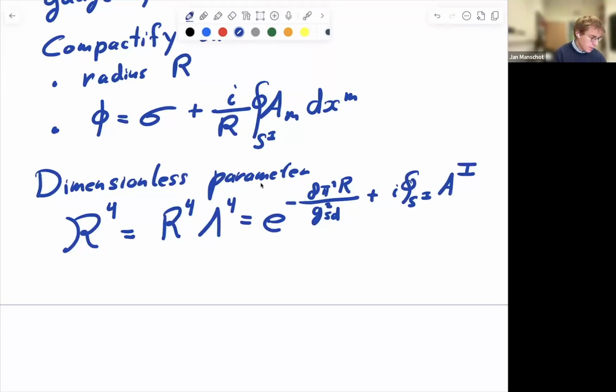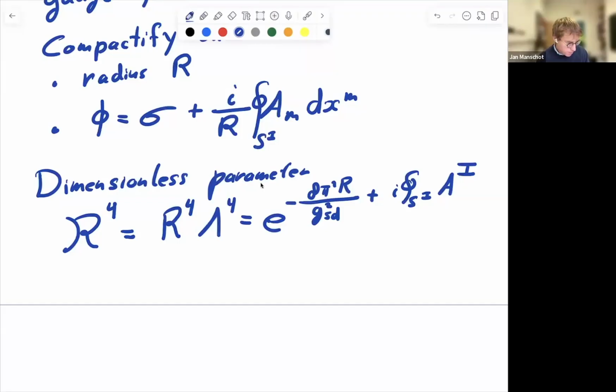So this is how these parameters are related. Okay, any questions so far?